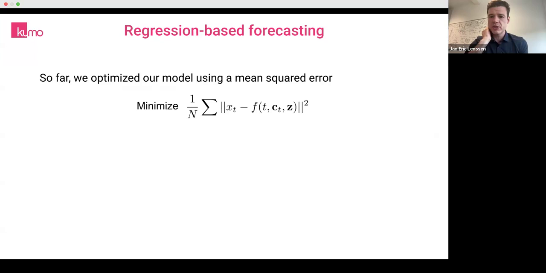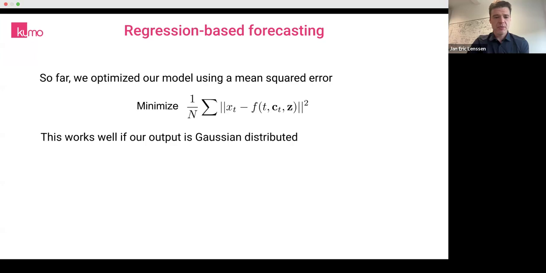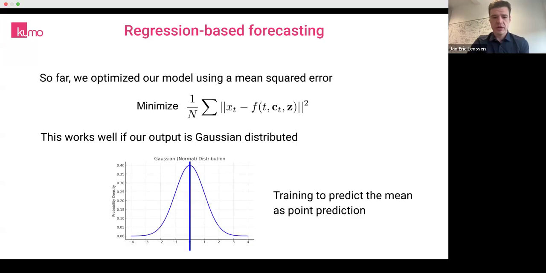We made point predictions with a neural network, and we trained our neural network to minimize the mean squared error, which we can see here, given some target values that we have. Now this works well if your output is actually Gaussian distributed, then this model is essentially trained to predict the maximum likelihood, so the mean of this Gaussian. The problem is though that this really assumes that your output is Gaussian distributed.